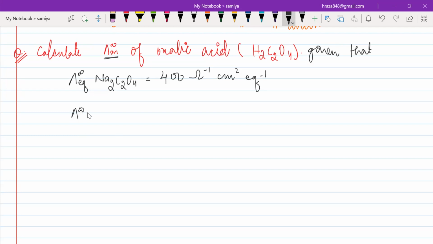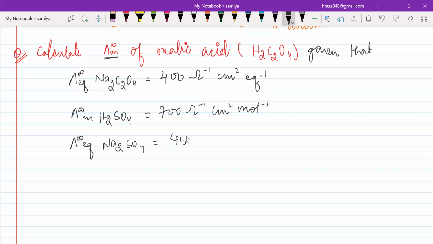Also lambda naught M of H2SO4 is 700 per ohm centimeter square per mole. Also lambda EQ of Na2SO4 is 450 per ohm centimeter square per equivalent. We need to calculate lambda M infinity for H2C2O4. So please do it.